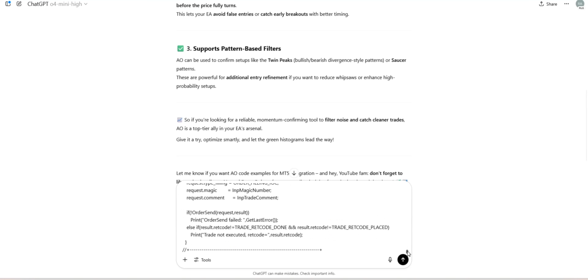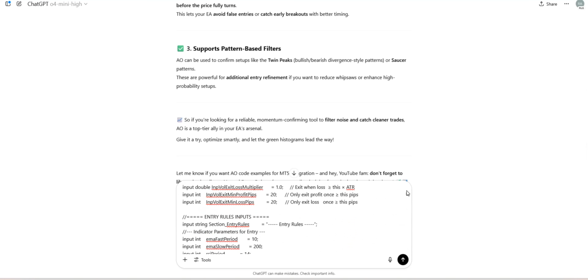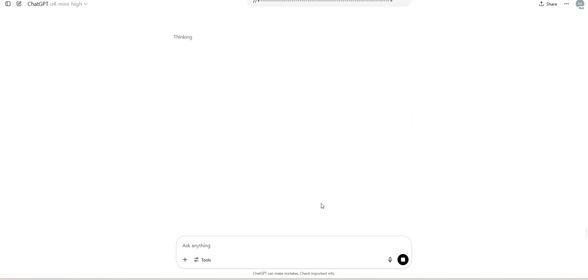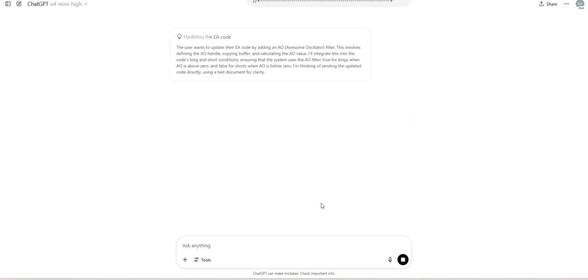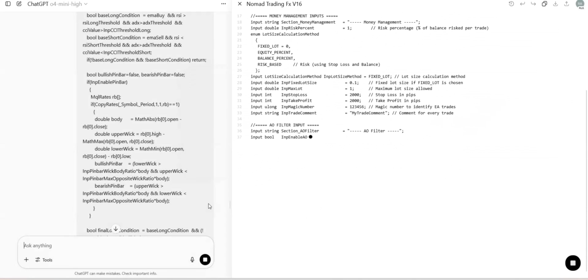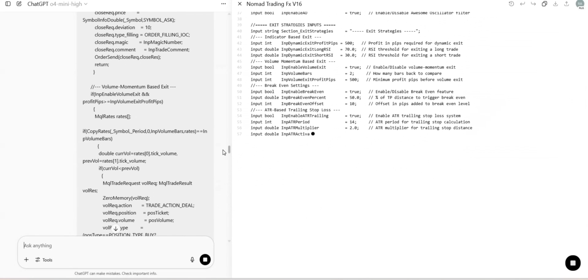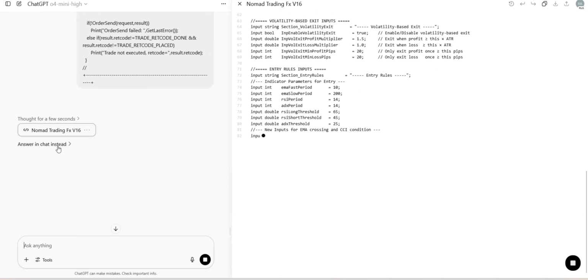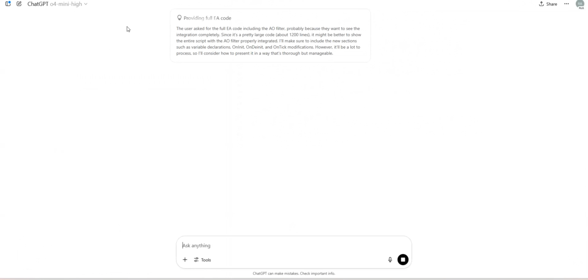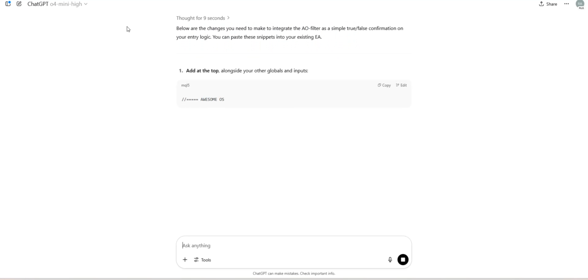Okay, so we have the code here and everything is great. Now the awesome oscillator is actually quite, how would I say this? No, I don't like this way. I would like something else. I would like the answer in chat instead, because many times I don't know what it is doing, but it doesn't give you the full code. It is just giving you some parts, and it is like the code is cut off.